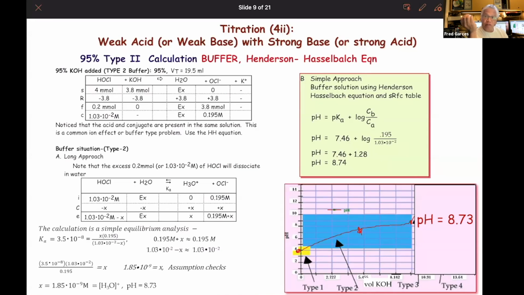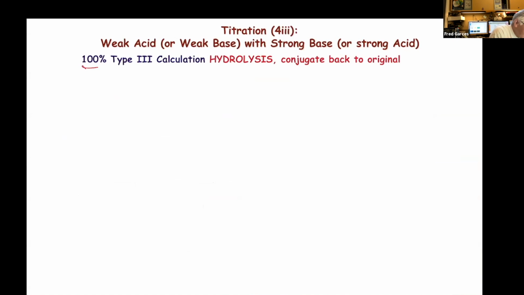Now we have the equivalence point. At the equivalence point, 100%, the 4 millimoles of acid converts completely over to 4 millimoles of the conjugate. But the volume is now 20 milliliters.